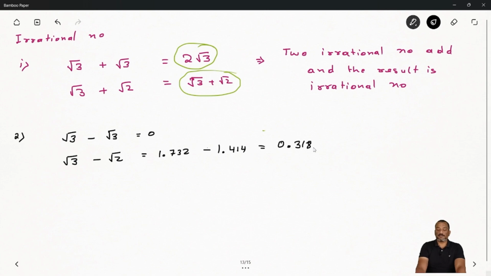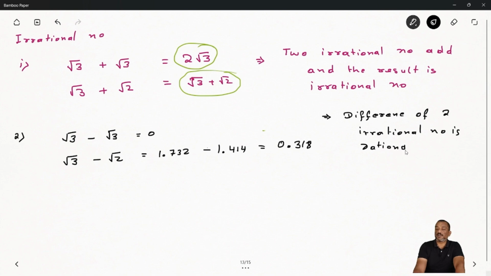You can consider their difference as a rational number. So you can say the difference or subtraction of two irrational numbers is a rational number. Okay, you can consider that one rational number.